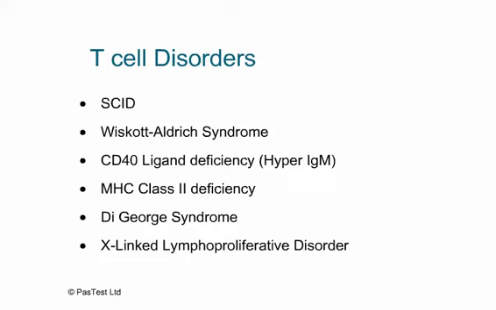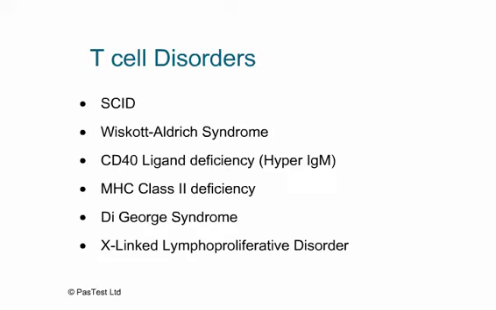There are then a whole series of other T cell disorders which have slightly more variable deficiency. Wiskott-Aldrich syndrome, we will talk a bit about later on, has a component of a T cell defect that's really quite varied. We've just talked about CD40 ligand deficiency, or hyper-IgM syndrome.